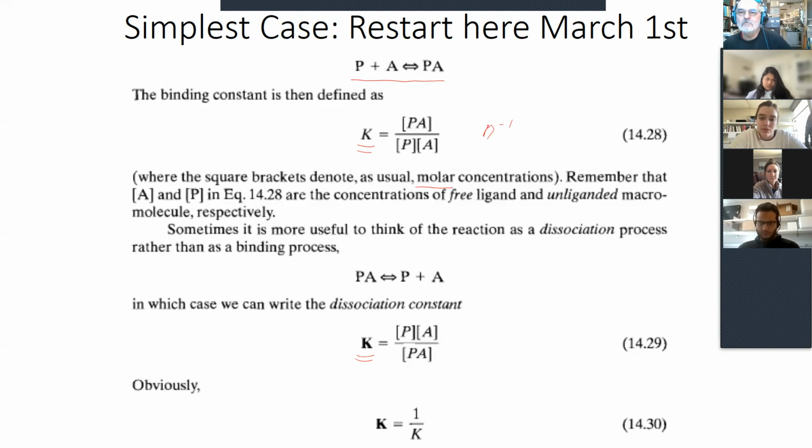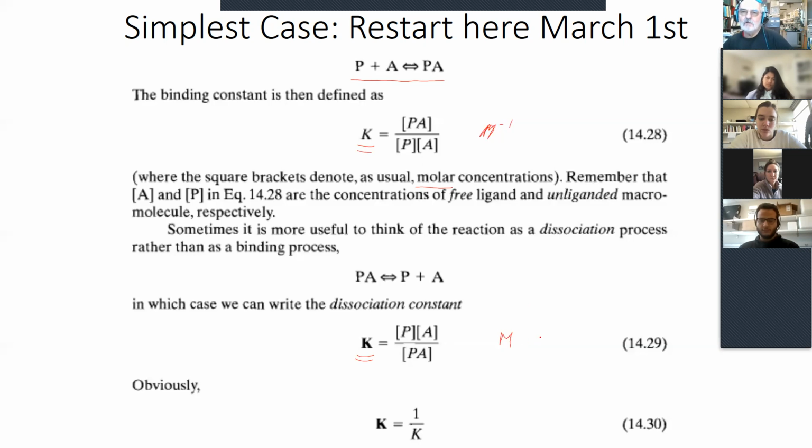So this is usually molar to the -1. And if you can see why that is, it's molar above molar times molar. So you end up with molar to the -1. All right. Down below, the units for the dissociation constant are usually molar, because it's molar times molar divided by molar. And so it leaves 1 molar.